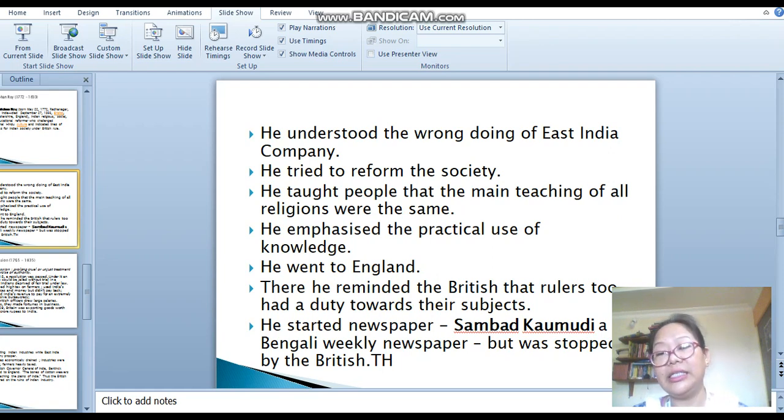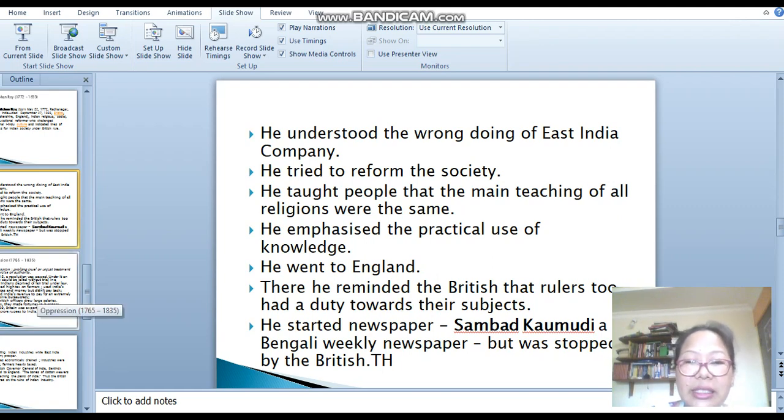He went to England, and there he understood that the ruler has certain duty and obligation towards his subjects, which the East India Company was not giving to Indian people. So after coming back, he started a newspaper, Samvad Kaumudi, a Bengali weekly newspaper, which was stopped by the Britishers. They feared that it might lead to revolt, so they stopped the Bengali weekly by Ram Mohan Roy.